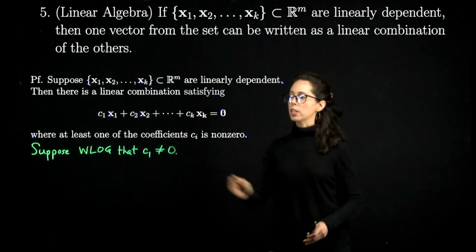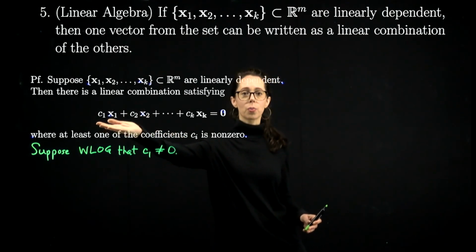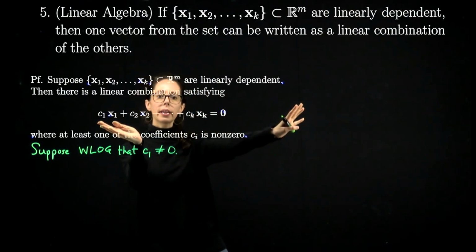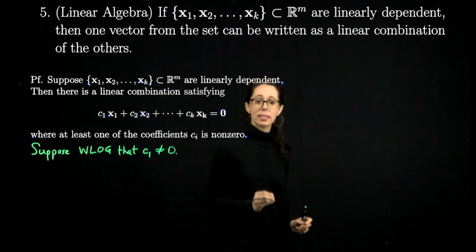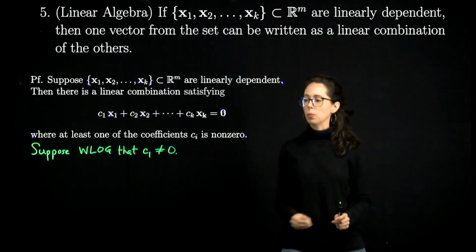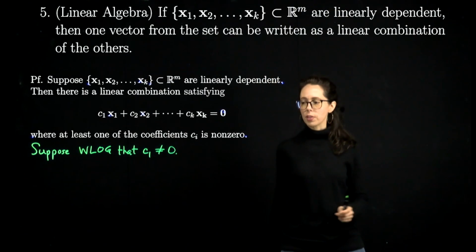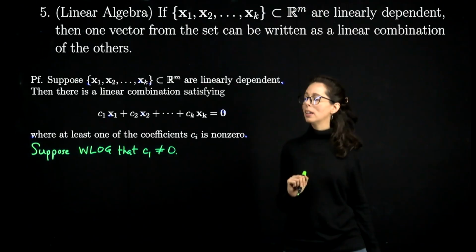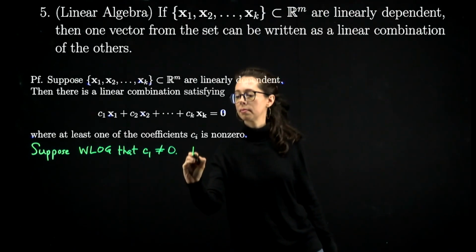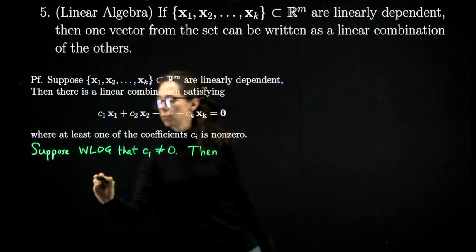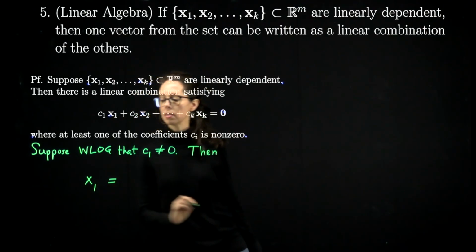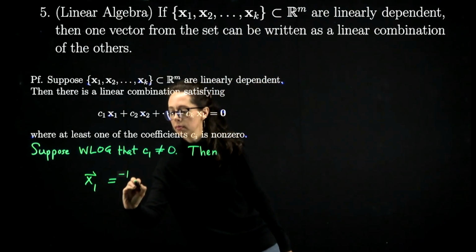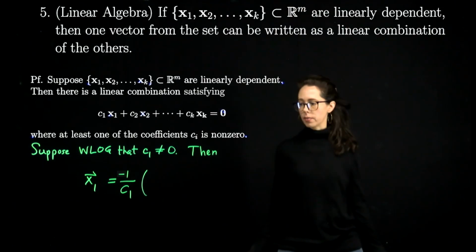Now, algebraically imagine solving for x1, the vector that partners with c1 in this linear combination. What you would do is move everything to the other side. That's completely legal. And then you would divide by c1 to isolate x1. That division by c1 is why it's so key that at least one of the coefficients is non-zero, so that you can divide by it. Then x1 equals, and I'll write 1 over c1 out front, and then write the rest of it.